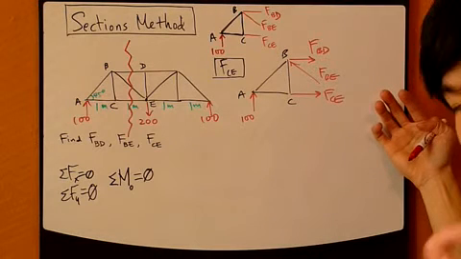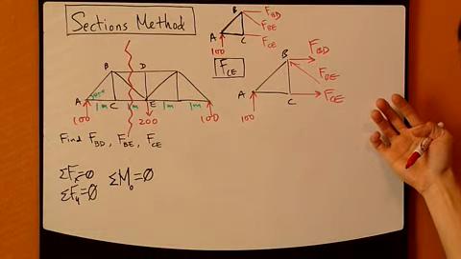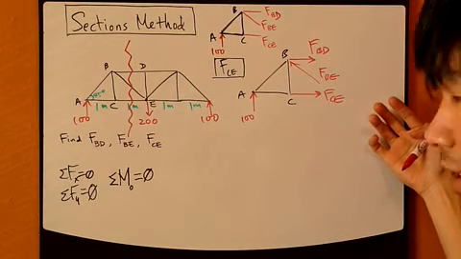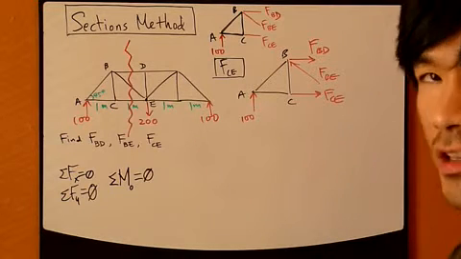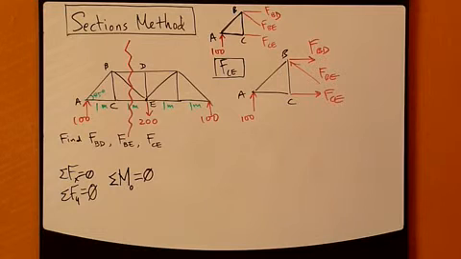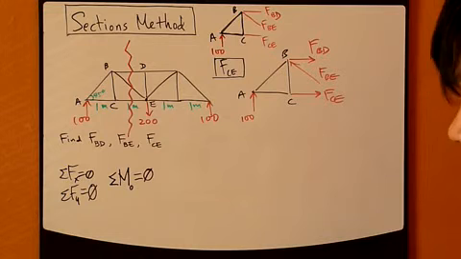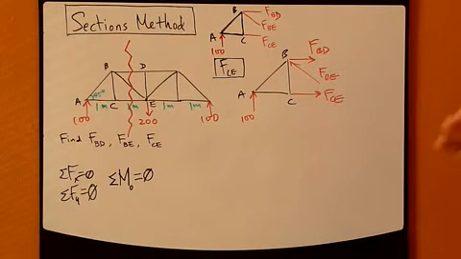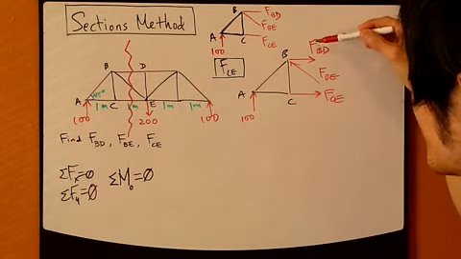The most important question here is about which point. Here's the trick. You pick a point where a lot of forces pass through. In that case, those forces will create no moment. The moment will be 0 from those forces because they pass through that point. In this case, look at this.